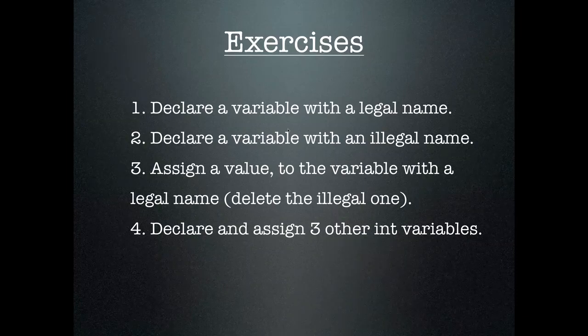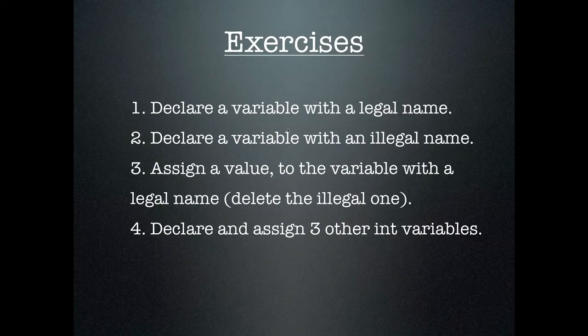Either start with a number, or make a lot of different words with a lowercase letter, or start with a capital. It might not give you a red warning saying that this is wrong, but I want you to know the difference between something that I like to call a legal and an illegal name.